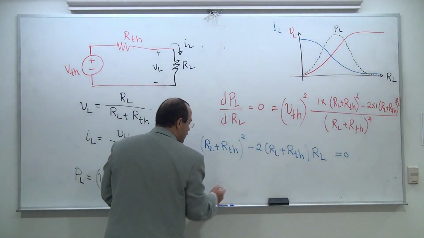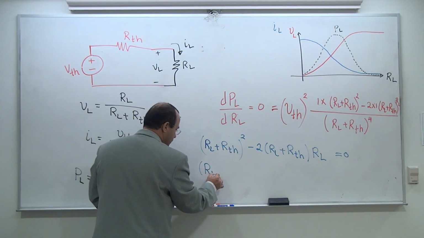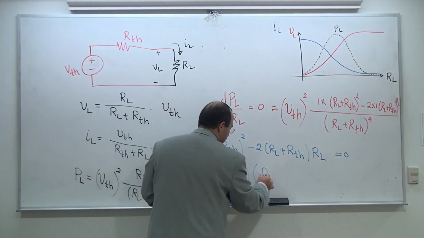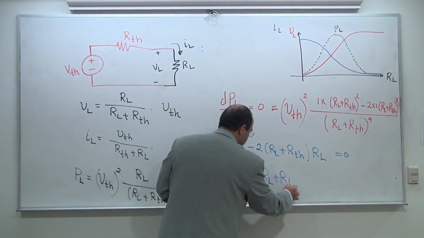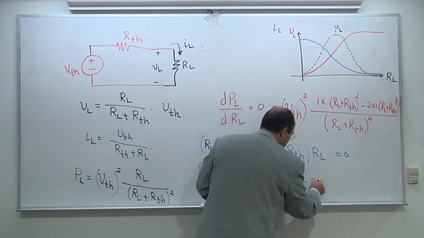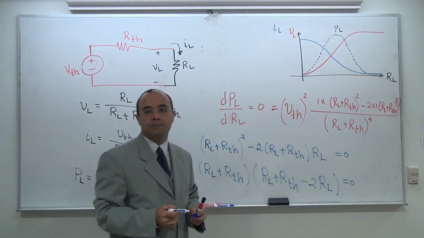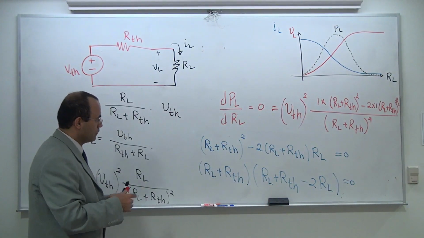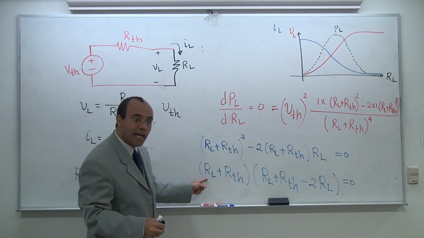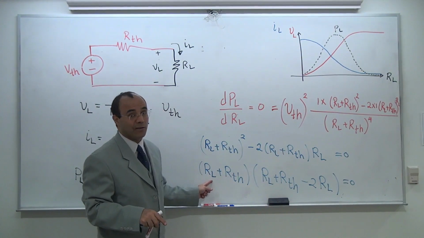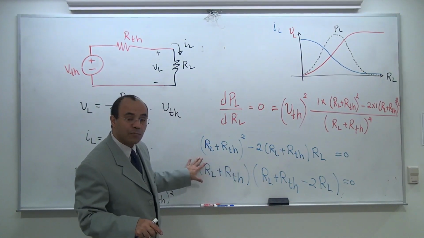Let's factorize RL plus R Thevenin. What is left out of this is RL plus R Thevenin minus 2RL equal to 0. Again, because RL in this class cannot be negative, and R Thevenin and RL summation cannot be 0, I'm not worried about this bracket.